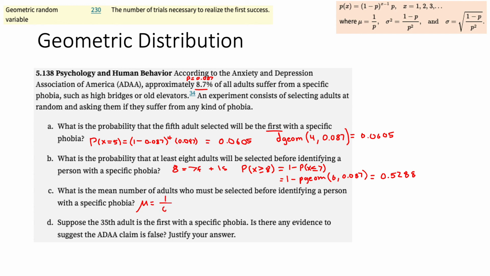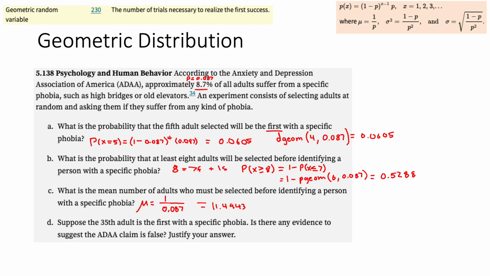This is pretty simple, and this is equal to 11.4943. So on average, we would expect to have to sample around 11.5 people. Sometimes more, sometimes less, but this is the kind of range that we would expect to sample, ending on our first success.